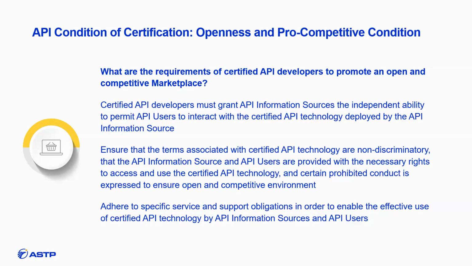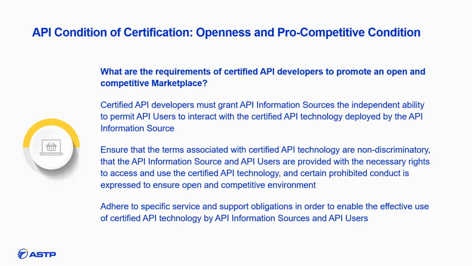So non-discrimination being that you can't discriminate between, for example, API users that want to use the certified API technology, based on criteria that are not objective. So the criteria must be uniformly applied to all substantially similar or similarly situated classes of persons or requests.